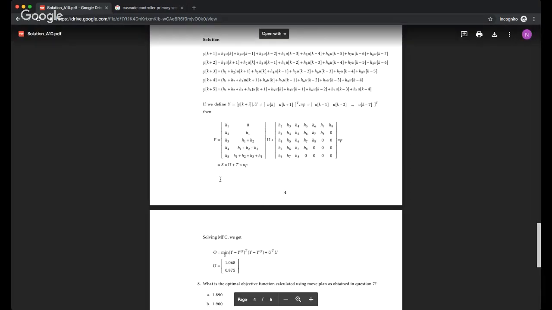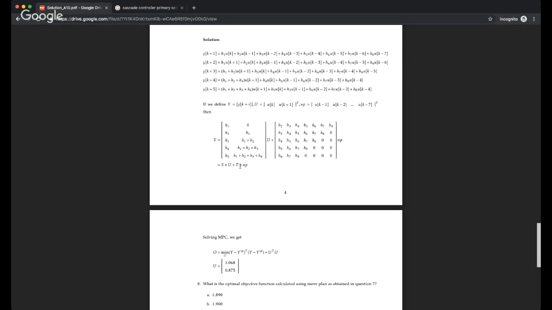You have s times u plus t times up. This t times up will be a constant. Ysp is given as 18. So you can compute this square and then solve.